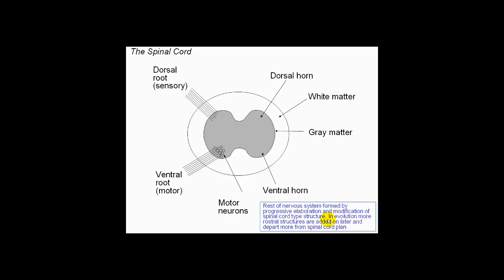The nervous system is organized in such a way that sensory nerves come into the dorsal horn, and motor neurons congregate in the ventral horn and send their axons out via the ventral root. Then later, not shown on this picture, those two things join, and you have nerves that have both sensory and motor nerve fibers in them. But I don't care that you know that in this course. That's everything, I guess, on that slide.